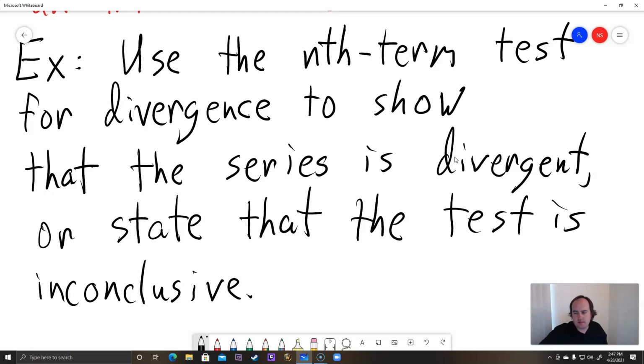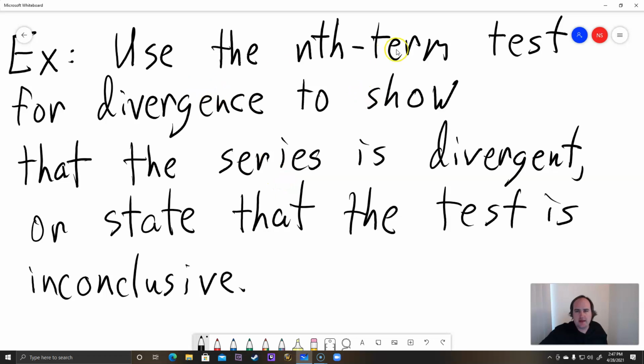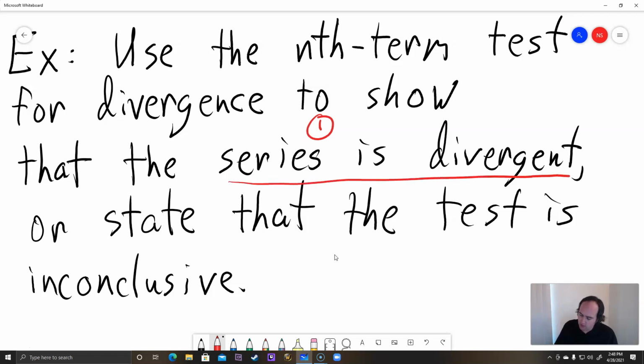Okay, so I was kind of tripping over my words there a little bit. Sorry about that. What I meant to say is use the nth-term test for divergence. That's also just called the nth-term test. And we want to show that the series is divergent or state that the test is inconclusive. So for the nth-term test for divergence, there's only two possible cases: either the series is divergent or the test is inconclusive.